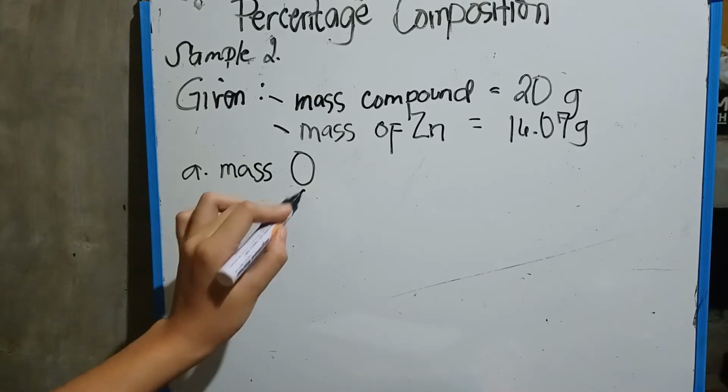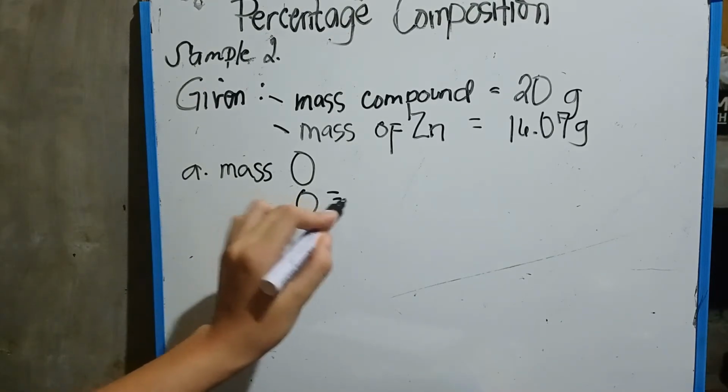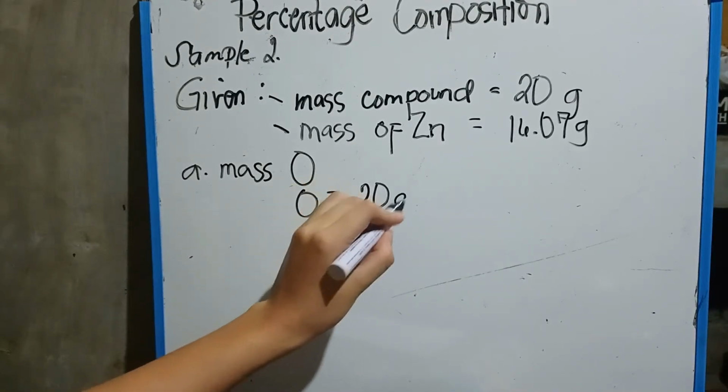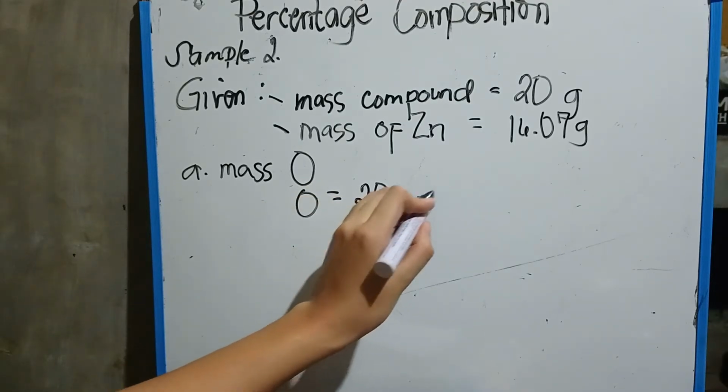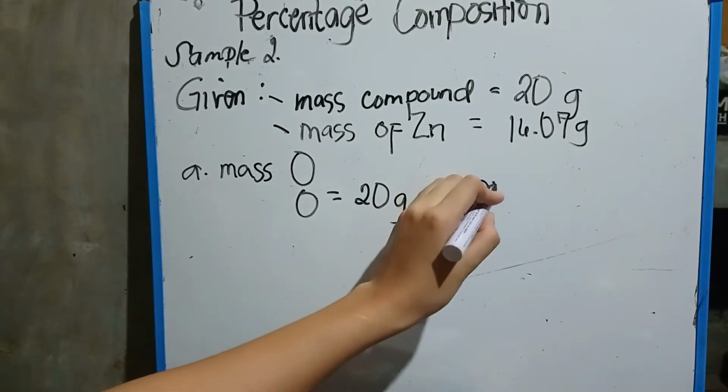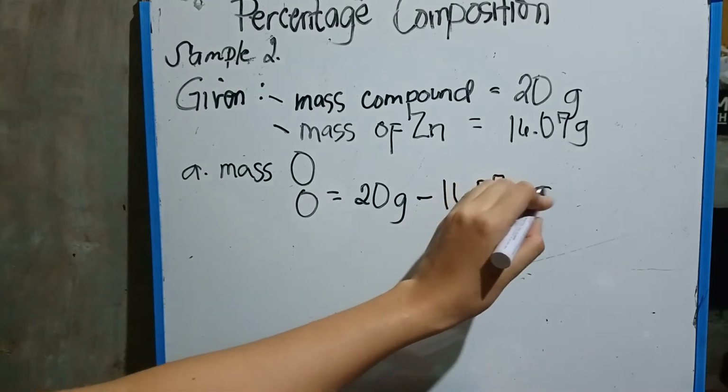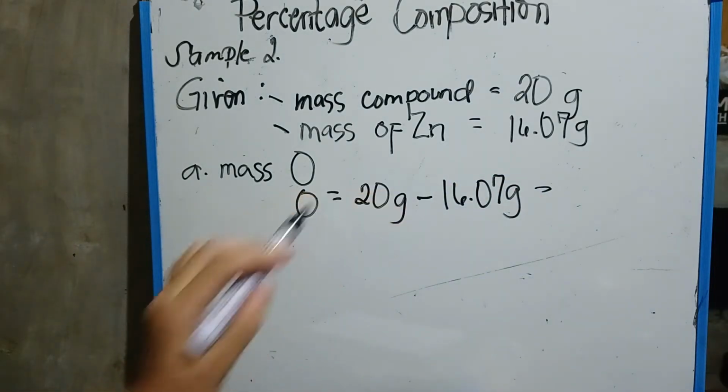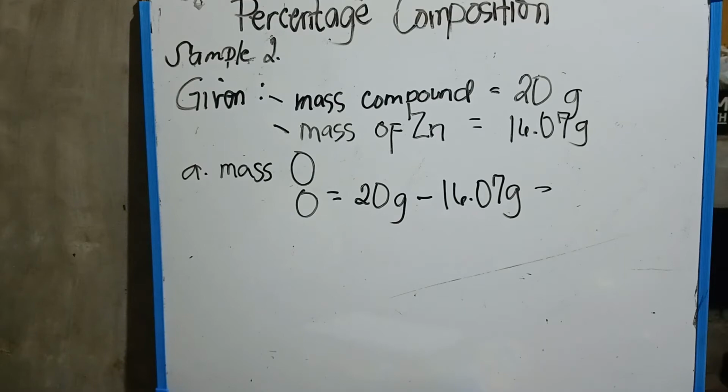So here it is. The mass of oxygen is equal to 20 grams minus 16.07 grams. This means that the compound is a combination of oxygen and zinc. In our compound, we determined that the zinc is 16.07 grams, so what remains from the 20 grams is the composition of the oxygen.